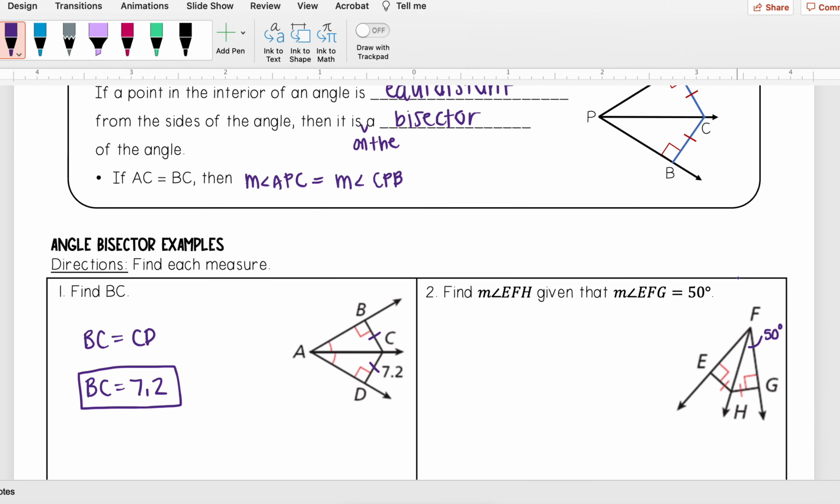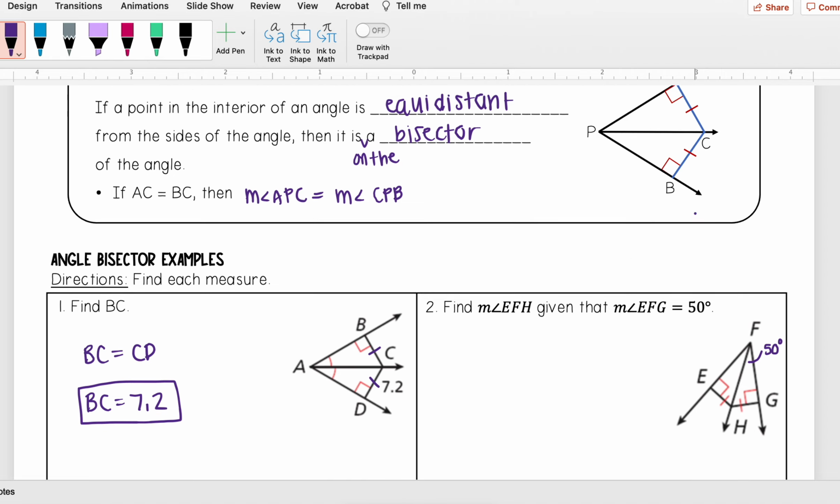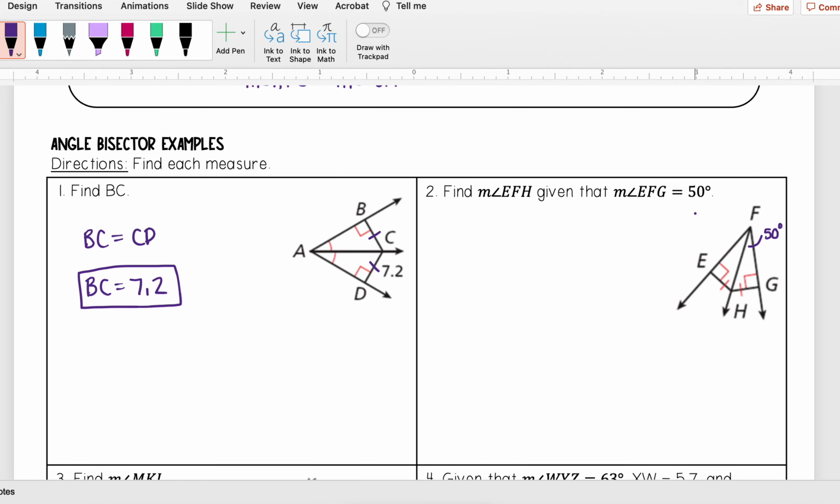And so we learned from our converse that when we have a point inside an angle that's equidistant from the sides of the angle, then it is on the bisector of the angle. And so I know that FH actually bisects this angle EFG. And so that means that the measure of angle EFH is equal to the measure of angle EFG.